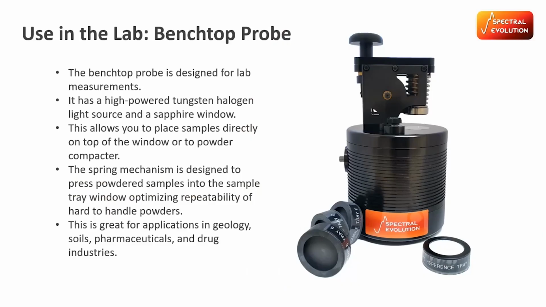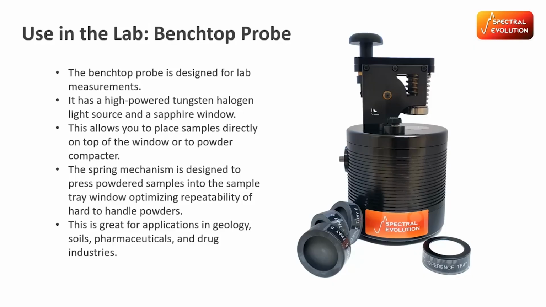So what we're trying to do is bring lab quality data into the field, into the core shack, and in the lab. This is a highlight of our benchtop probe. This has a tungsten halogen light source inside of it with a sapphire window. It has trays for powdered samples.